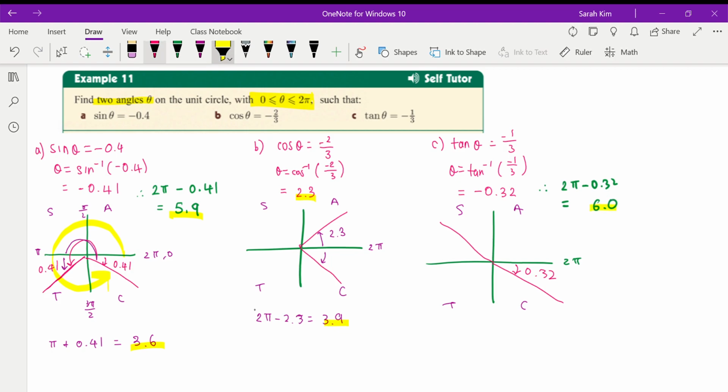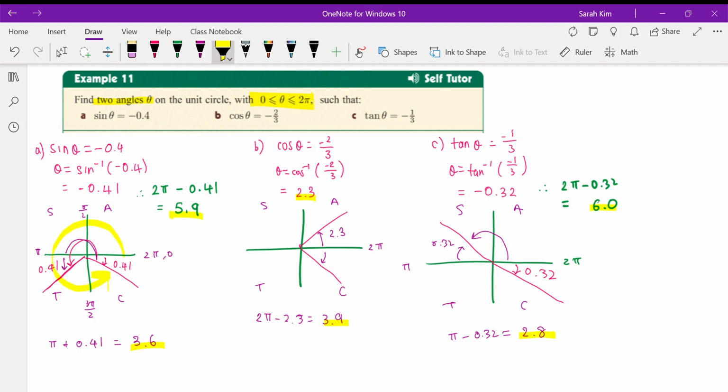The second answer, I need to figure out what that angle is, which is going to be pi take that 0.32. So the second one is pi take 0.32, which is approximately 2.8. So those are my two answers.